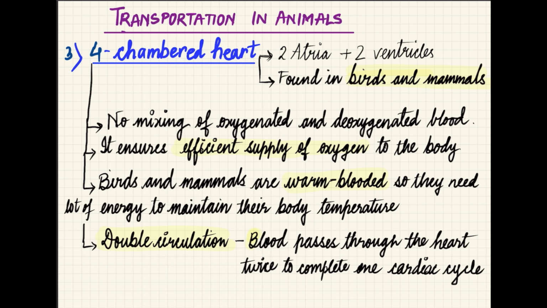So the transportation system is responsible for picking up oxygen from the lungs and delivering it to the cells and tissues. Since these animals have a high energy requirement, they need an efficient supply of oxygen to the body, because only when oxygen is available can the glucose be easily oxidized and energy released, and that energy would be utilized by the organism to maintain its internal body temperature, because they are warm-blooded animals.